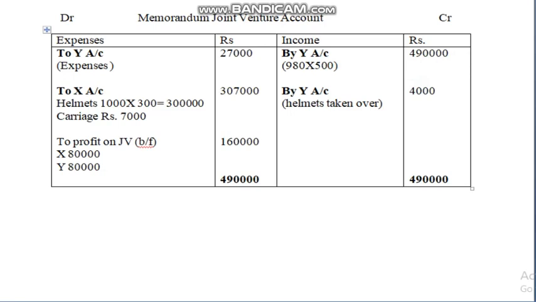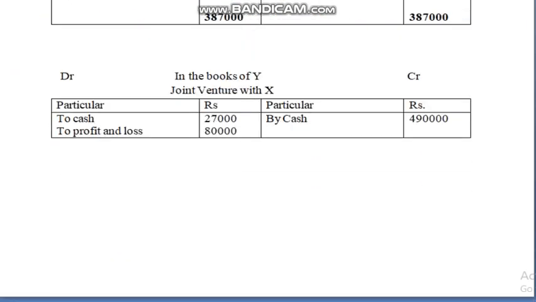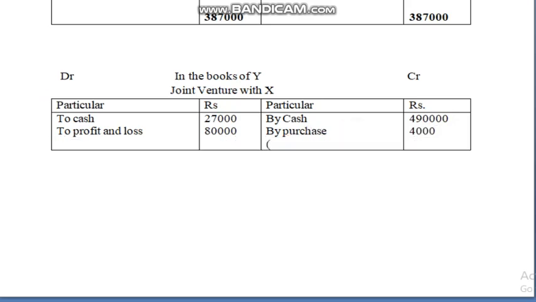So if any stock or any material taken over by co-venturers, that should be credited with purchase account. So in credit side, by purchase account, 4,000. In bracket, you can write down stock taken over. Or you can directly write down by stock taken over instead of writing purchase. Both entries were accepted.